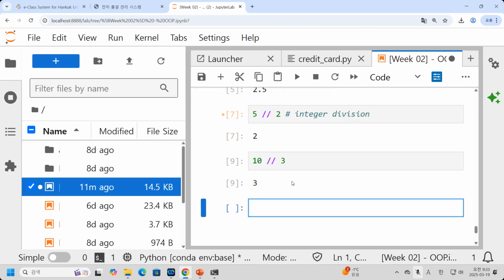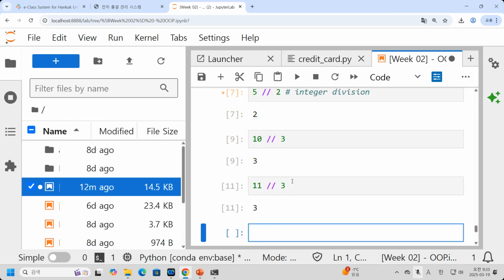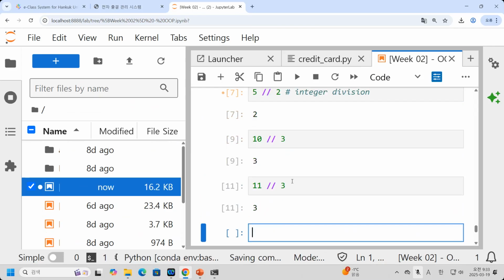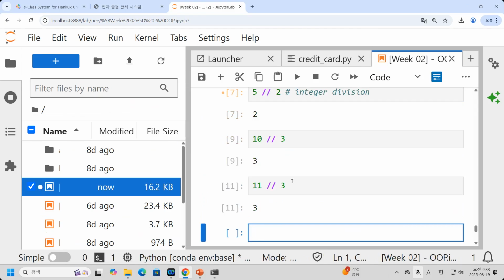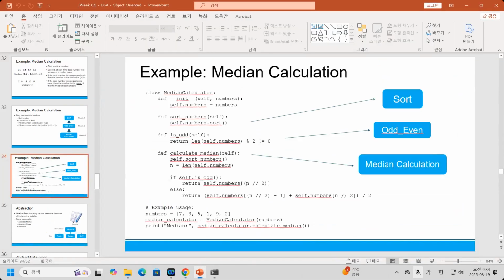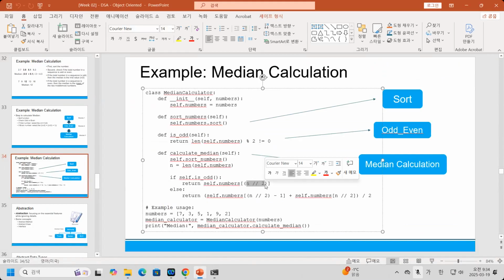It's 3. What about 11 slash slash 3, 3 or 4? This is 3. So we check the nearest integer to the lower side, not the upper side. We want to go to the nearest lower integer.